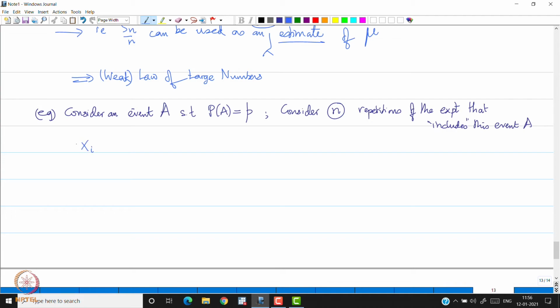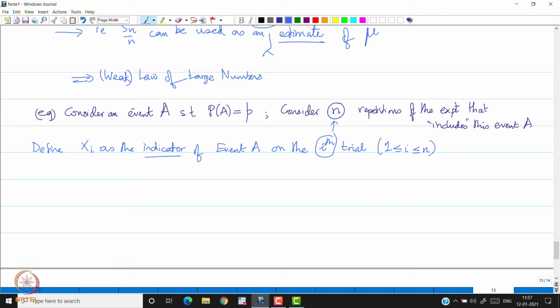So we will now define xi as the indicator, this means 0 or 1, of event A on the ith trial, the ith out of n trials. So i can be any number from 1 to n.